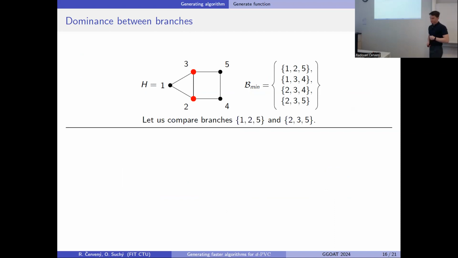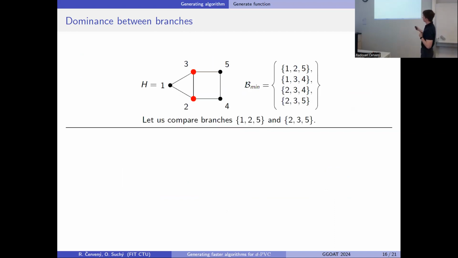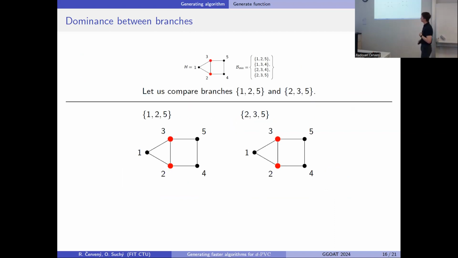What we do here is compare the branches pairwise and look at what they do. In this example we will compare branches 1, 2, 5 and 2, 3, 5. What if we delete just part of the branch? We will start with 1, 2, 5. Let's delete the vertices 2 and 5.